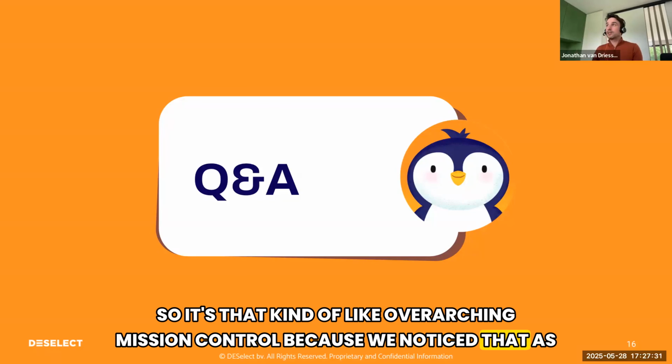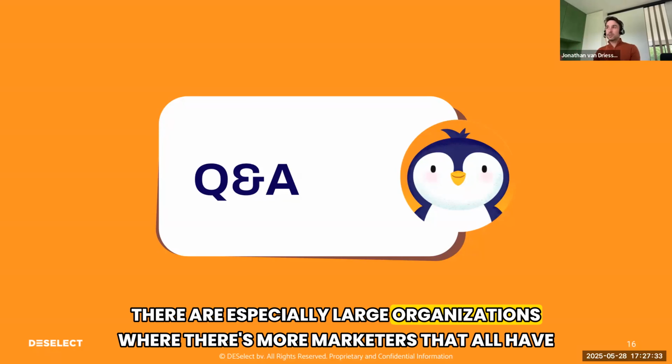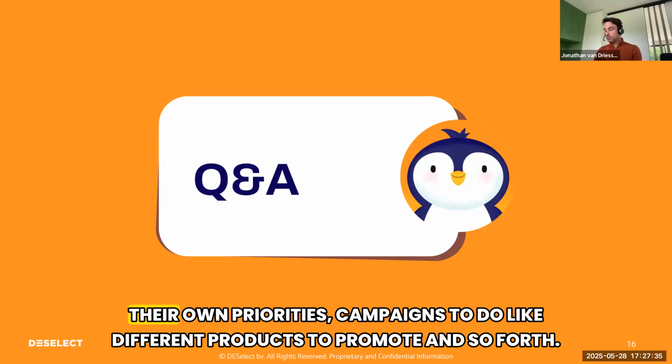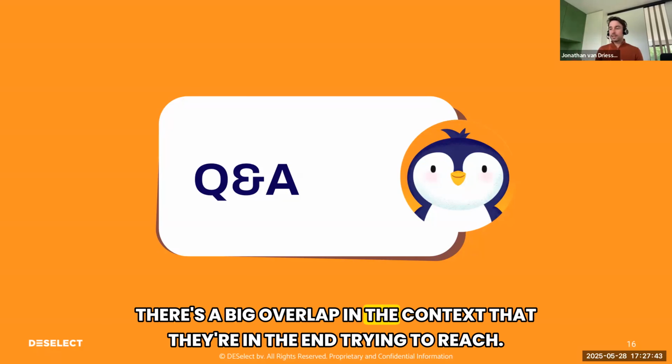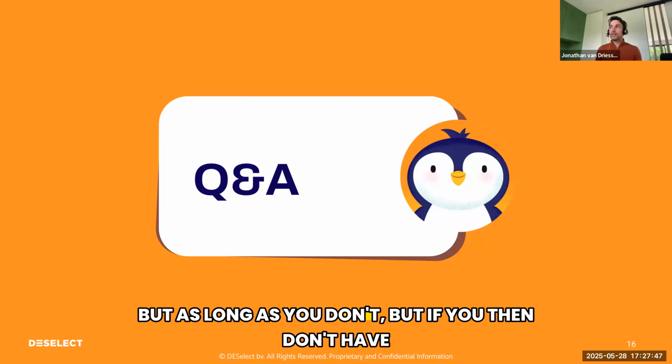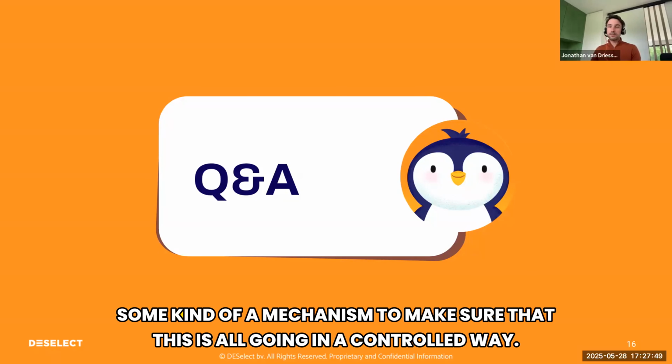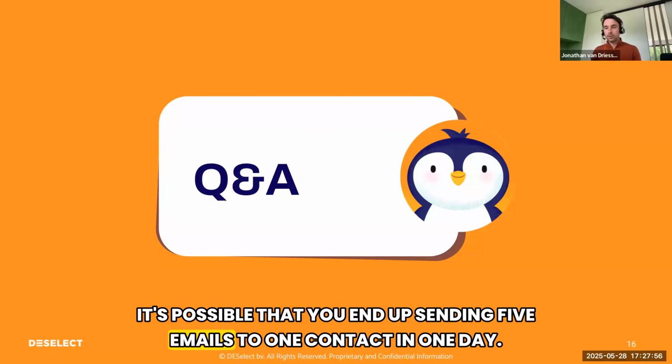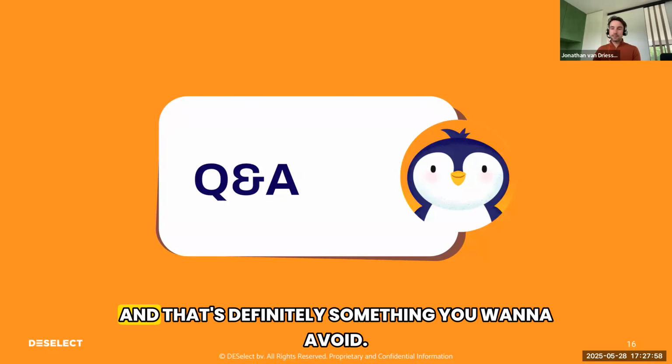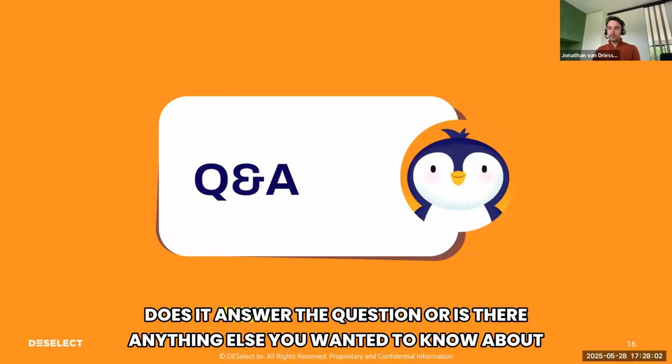Because we notice that especially in larger organizations, where there are more marketers that all have their own priorities, campaigns to do, different products to promote and so forth, there's a big overlap in the contacts that they're in the end trying to reach. But if you then don't have some kind of a mechanism to make sure that this is all going in a controlled way, it's possible that you end up sending 5 emails to one contact in one day. And that's definitely something you want to avoid. Does it answer the question, or is there anything else you wanted to know about personalization?